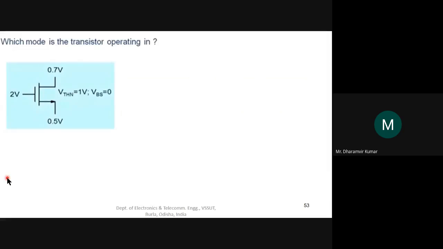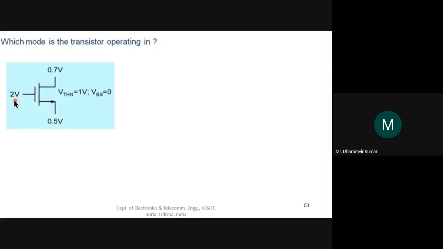Now let us go through some small examples, because this is important that we should be able to decide in which mode the transistor is operating. Let us see that we have a transistor. This is N MOSFET. Which mode is the transistor operating in? Cutoff, linear, or saturation?